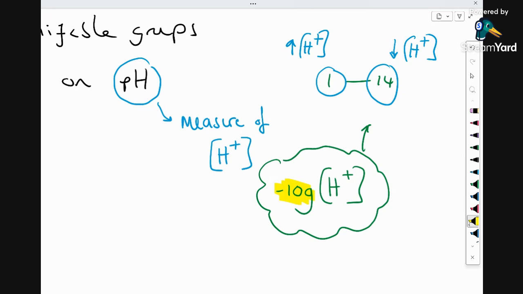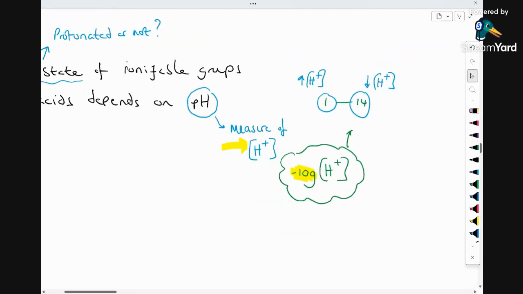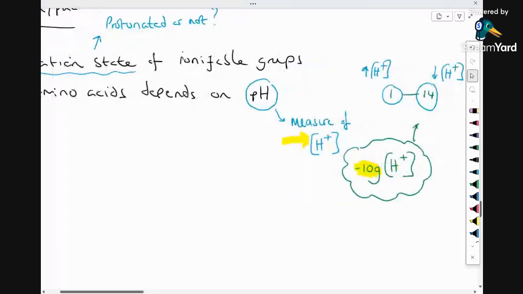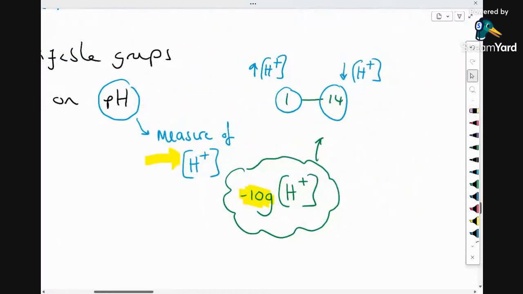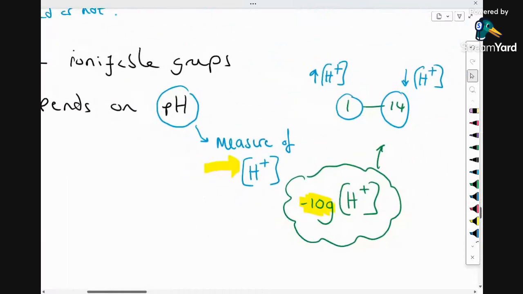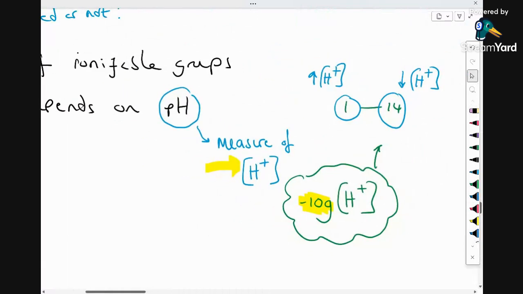Otherwise, the absolute value of this proton concentration is just a number that's really hard to get your head around, right? It would be 1.7 times 10 to the minus 8, a really difficult number to work with. So that's the only reason why we minus log that number. It turns it into a workable number on the scale of 1 to 14, of course.